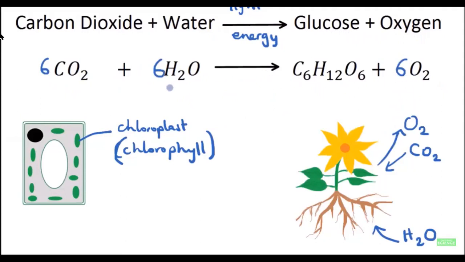Now, also importantly, this equation shows an endothermic reaction because it's taking in energy from the environment. So in order for this reaction to take place, it needs to take in light energy from the environment, and therefore that makes it an endothermic reaction.